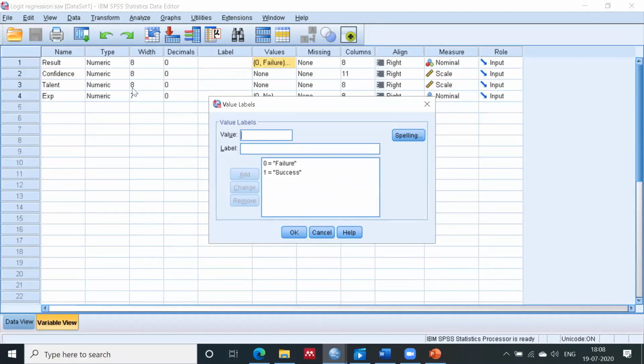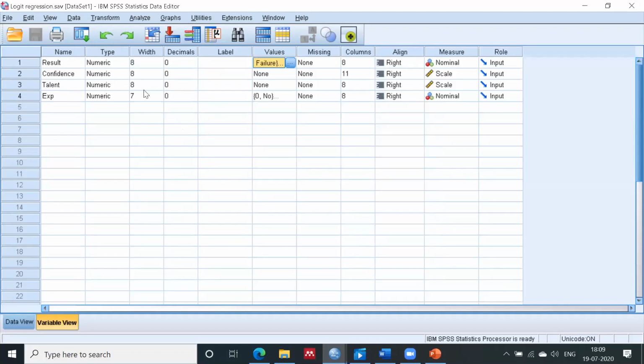This is my dependent variable, because of course result will be dependent, and confidence, talent, experience, all three are independent variables in this case. My success and failure depends on the confidence, talent, and experience only in this case. Let me tell you, exceptions are always there, but I am just making some assumption here, right?